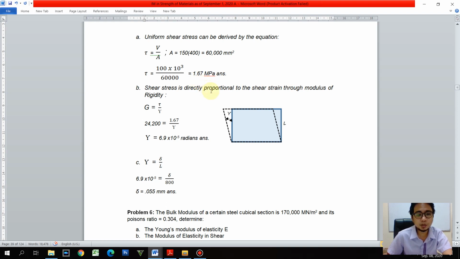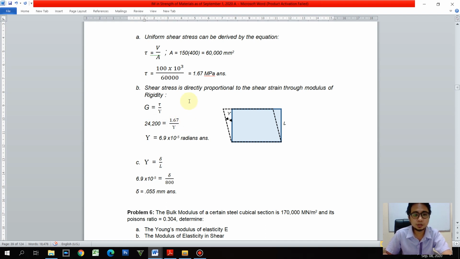So 0.2% is actually the volumetric strain. Okay? Because this is a percentage. So ilan ba yung delta with respect to the original volume? Ilan yung nabawas na volume comparing to the original volume? That is a percentage, or that is 0.2% or equivalent to 0.002.